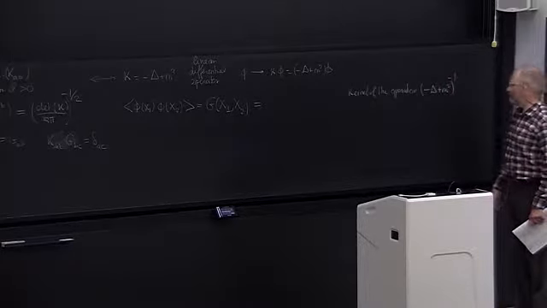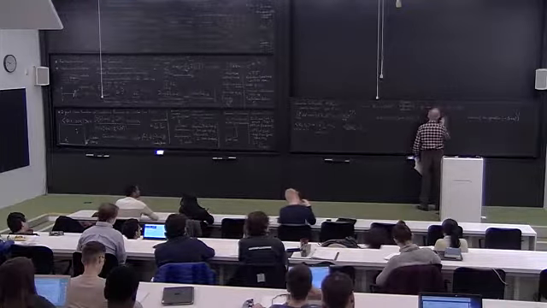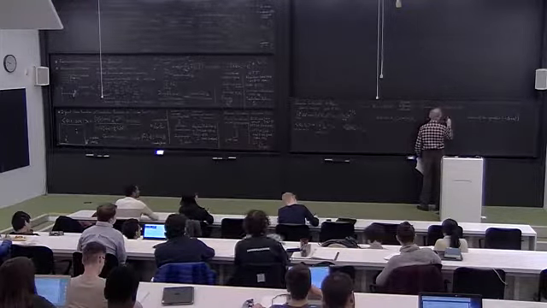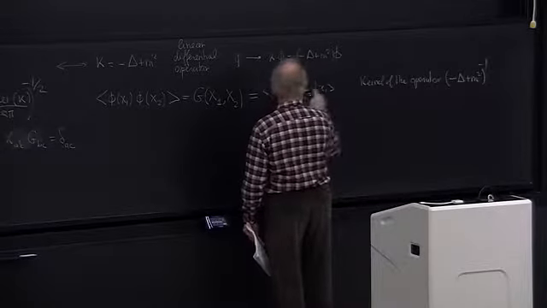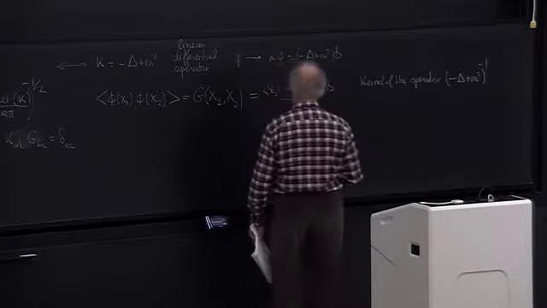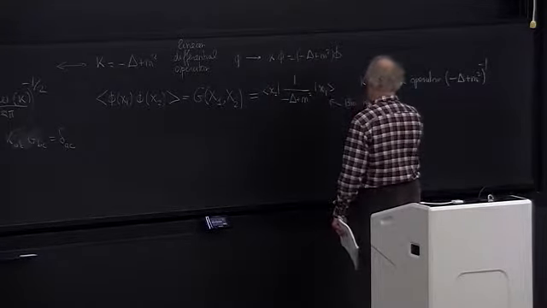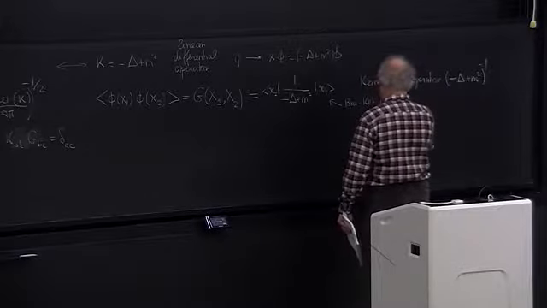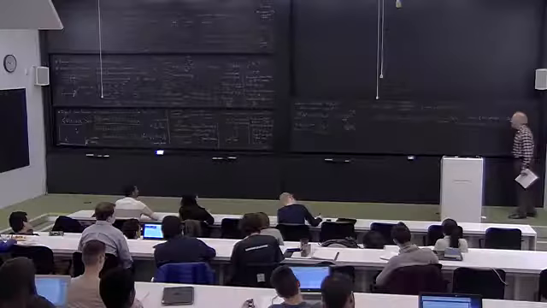Okay? Which is often denoted, you take this operator and you take its expectation value between two states, so that's a bracket notation of quantum mechanics.